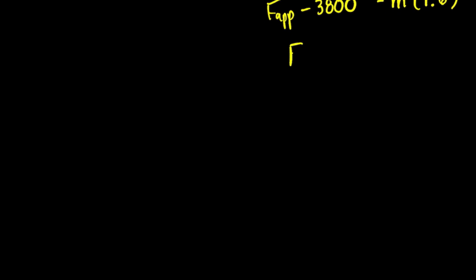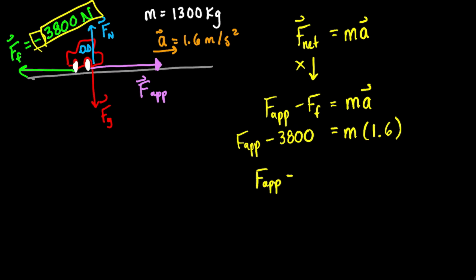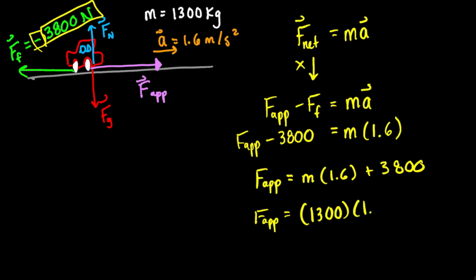So then we can isolate for the applied force to be mass times 1.6 plus 3,800 newtons. And the mass of the car was given to us as well, 1,300 kilograms.